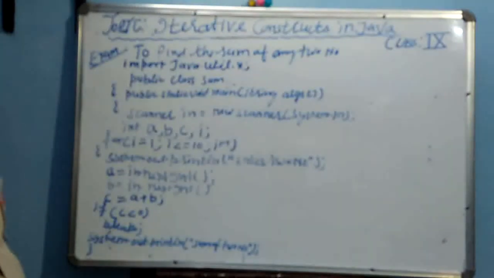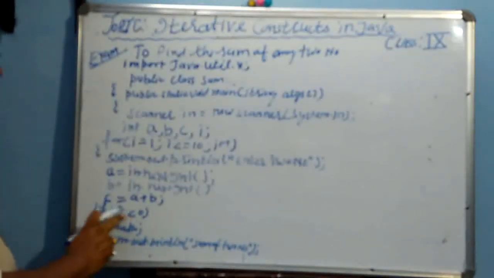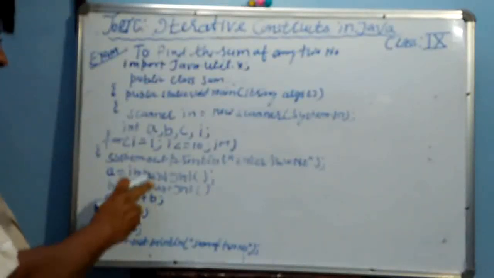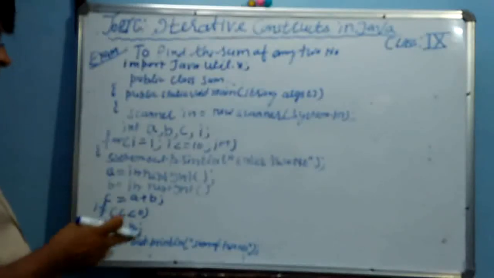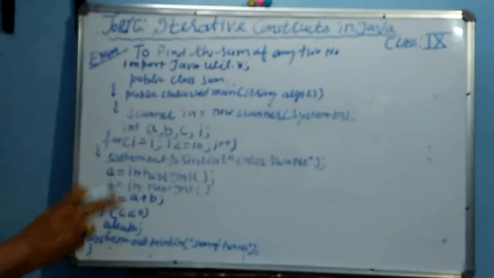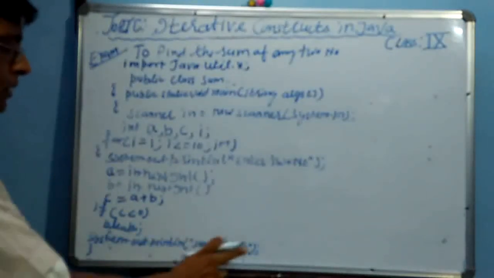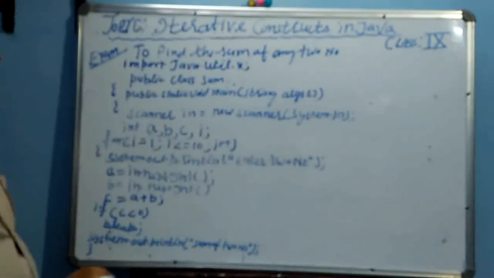Now after that, suppose the sum of a and b is not less than or equal to 0, then it will print the sum of the two numbers.